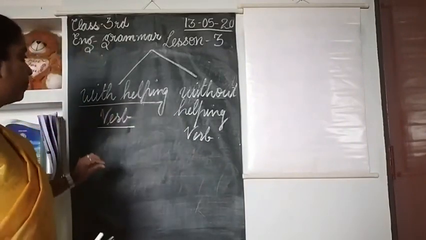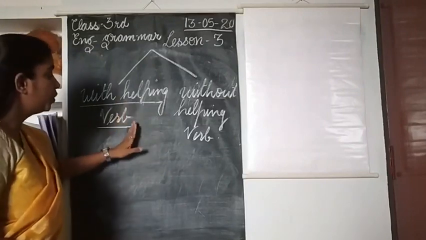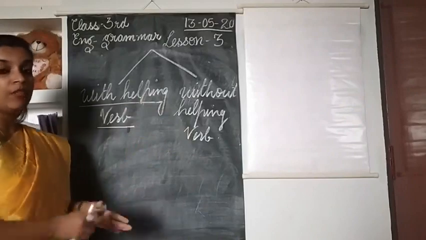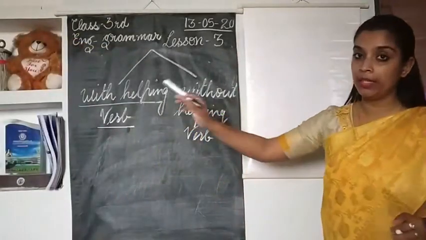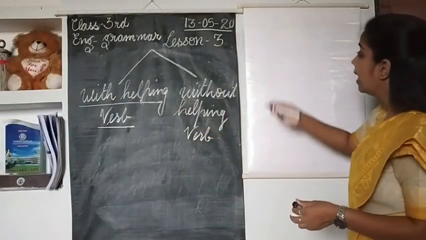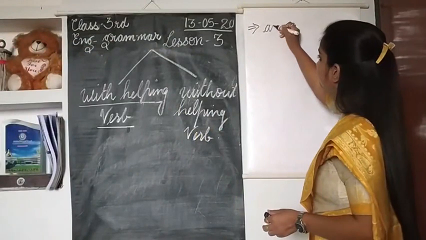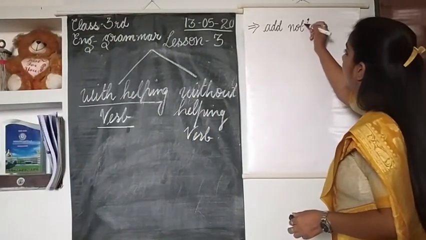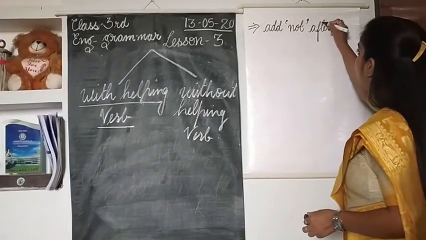See children, it is very easy to change a sentence which has a helping verb in it into a negative sentence. We can very easily change it simply by adding not after the helping verb.